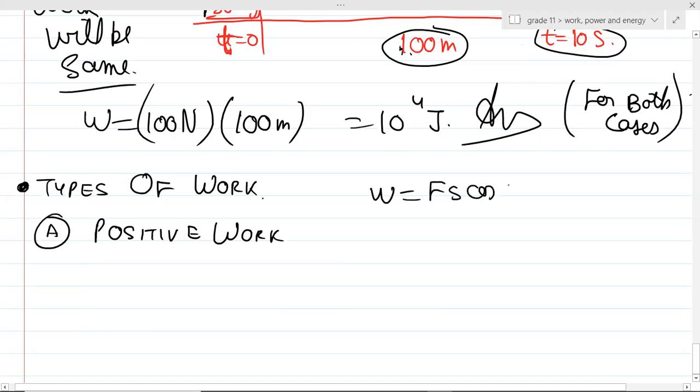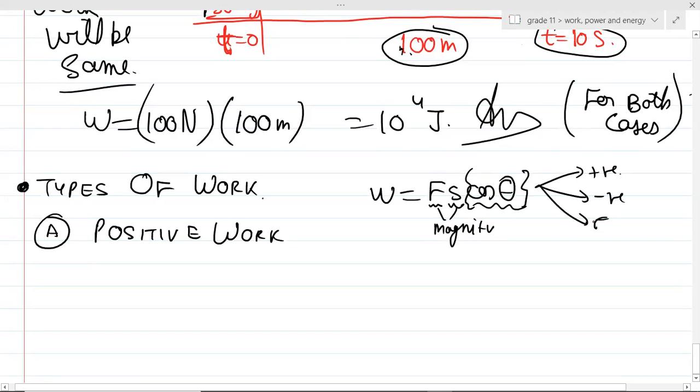F and S are magnitudes, so always positive. Whereas this cos theta term can be positive, negative, or zero, depending upon the angle. So everything depends on this angle: positive, negative, and zero. So when do we say the work done is positive?